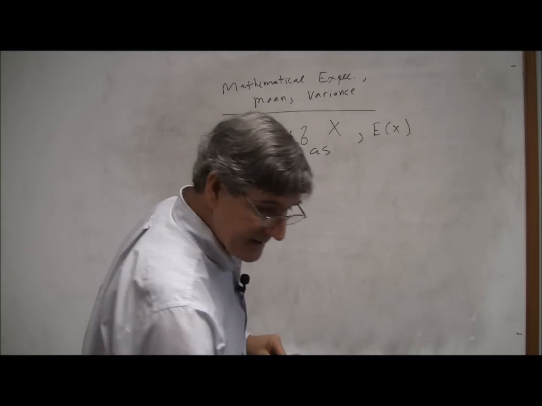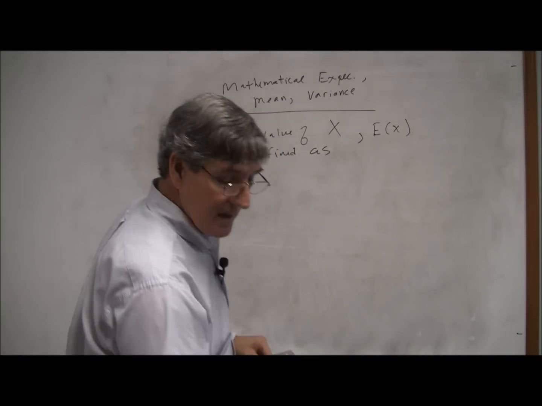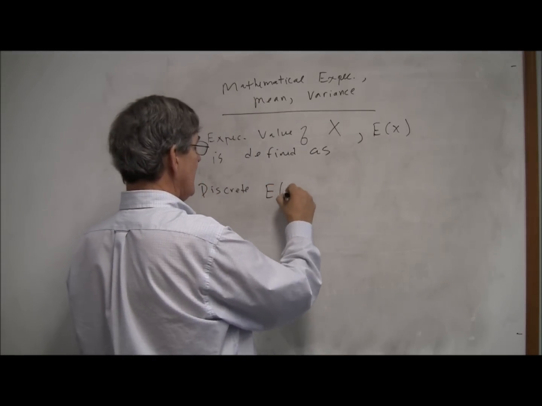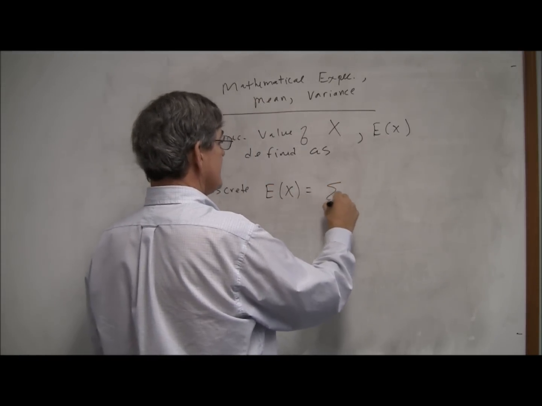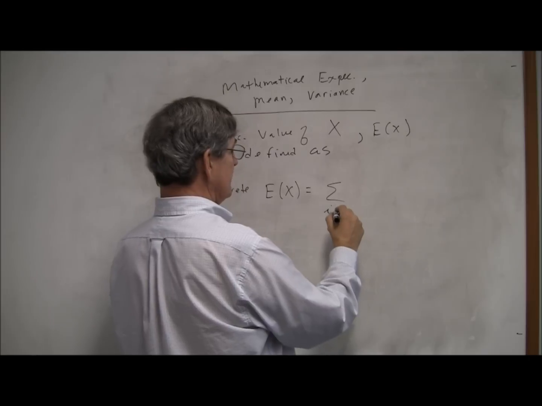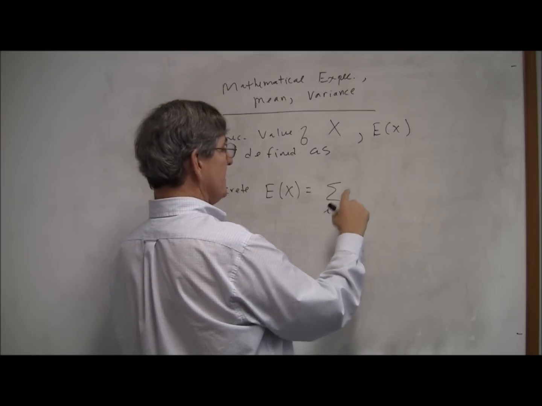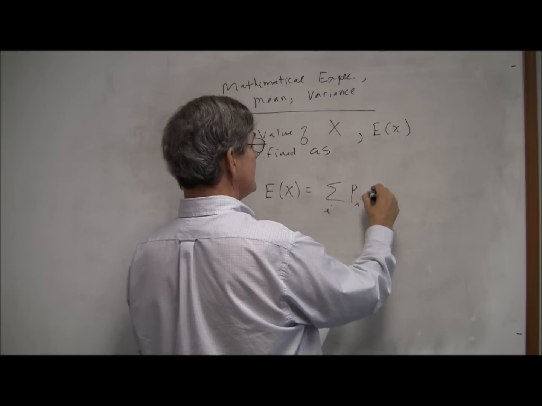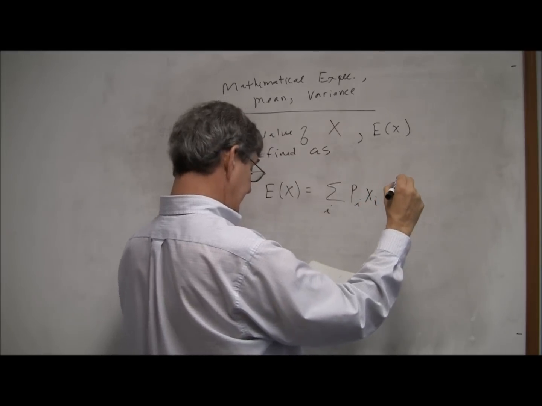The expected value of x, I'll do an example of this in a second so you can see how it works, is the sum over the outcomes, where i indexes the outcomes, of the probability of an outcome times the outcome.